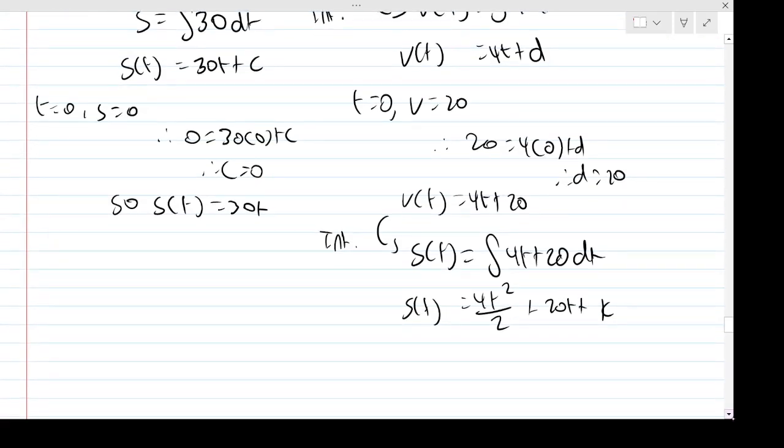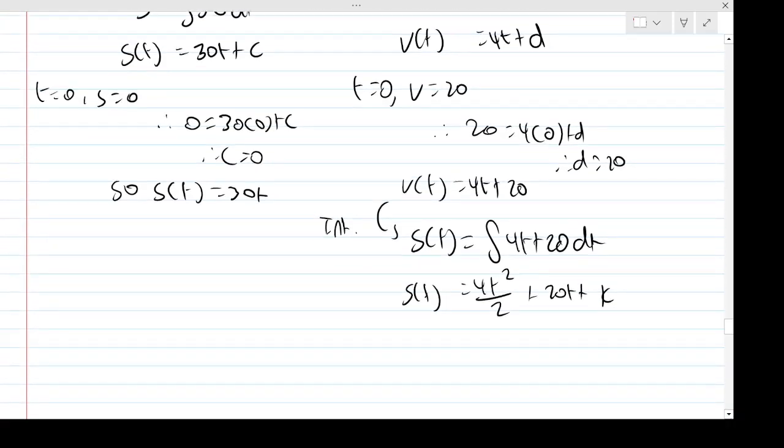Car B also starts from O, so the initial displacement is 0 because it's at the starting point. So that means when s is 0, t is 0, therefore 0 is going to be 2t squared, if I simplify the fraction, so 2 lots of 0 squared, plus 20 lots of 0, add k, therefore k is 0.